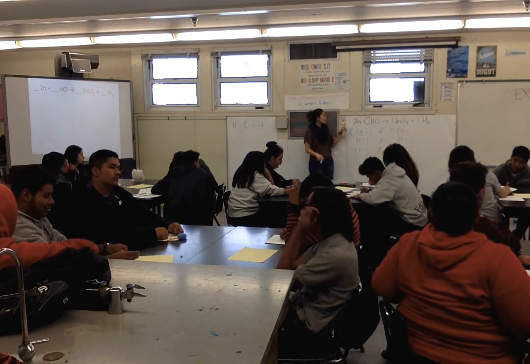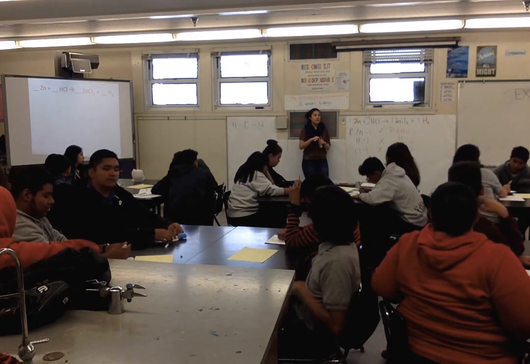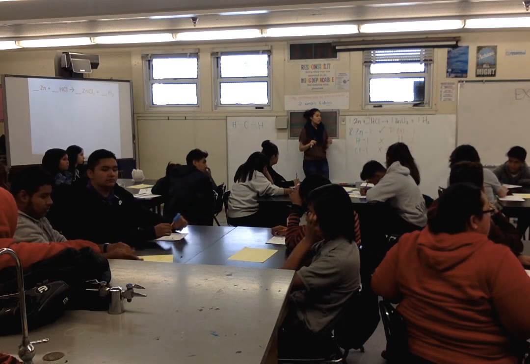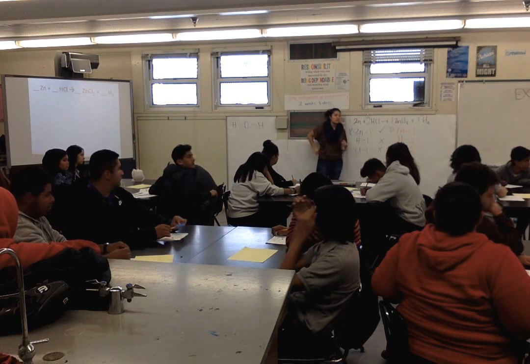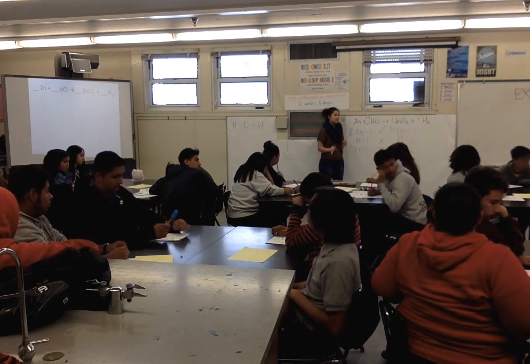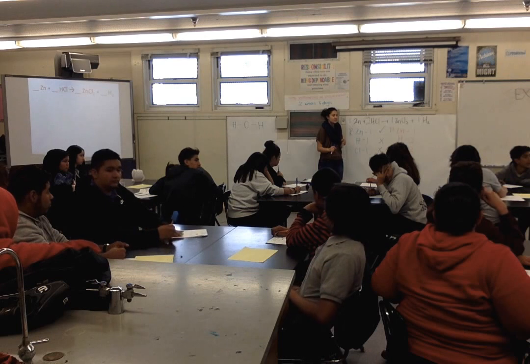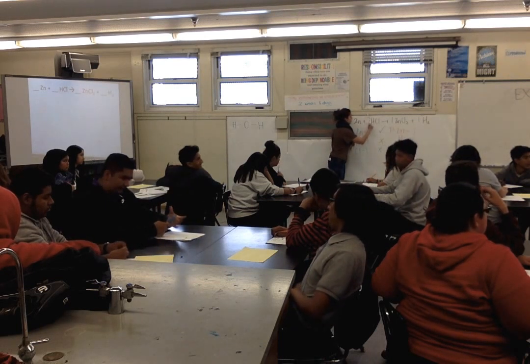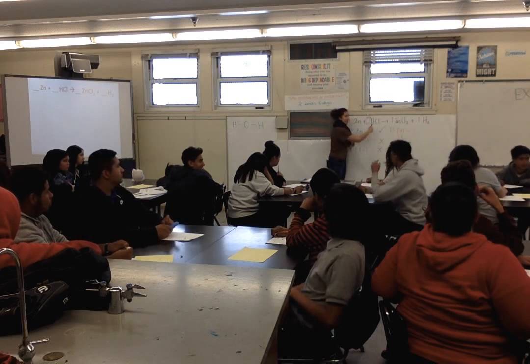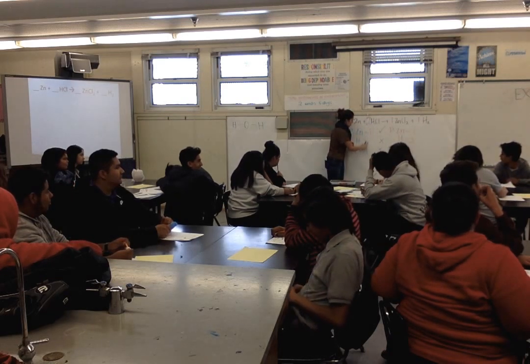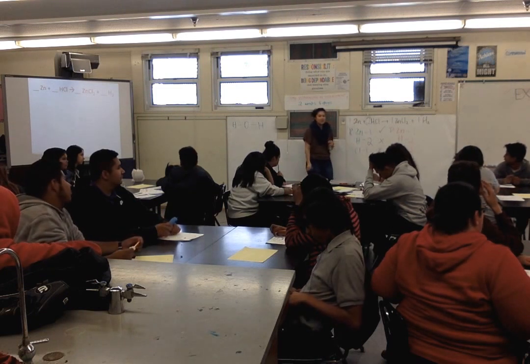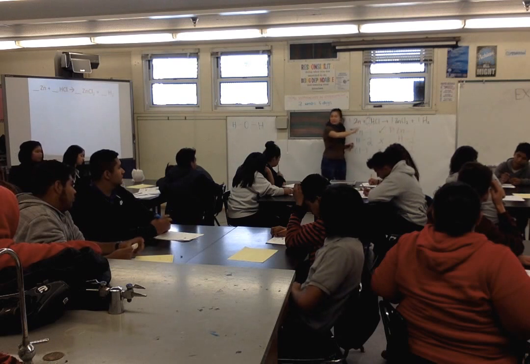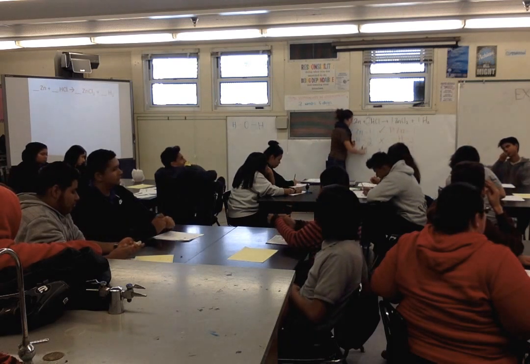Now, what's our new level of reactant hydrogen, TJ? 2. Right, you need the coefficient times the subscript. Nice job. Now, what's our new level of reactant chlorine, EJ? 2. And how did you get that?